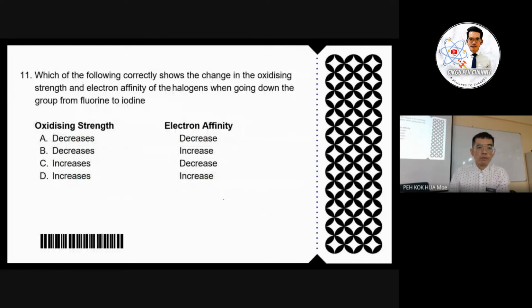Okay, so question 11, which of the following correctly shows the change in the oxidizing strength and the electron affinity of the halogens when going down the group, from fluorine to iodine? Okay, so here, oxidizing means that the species itself undergoes reduction, so it will gain electrons.